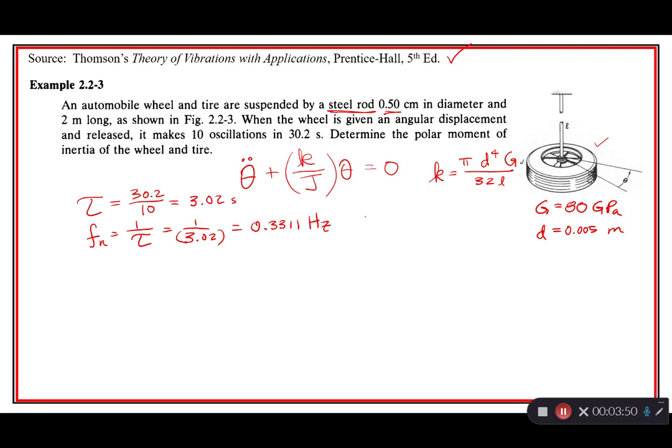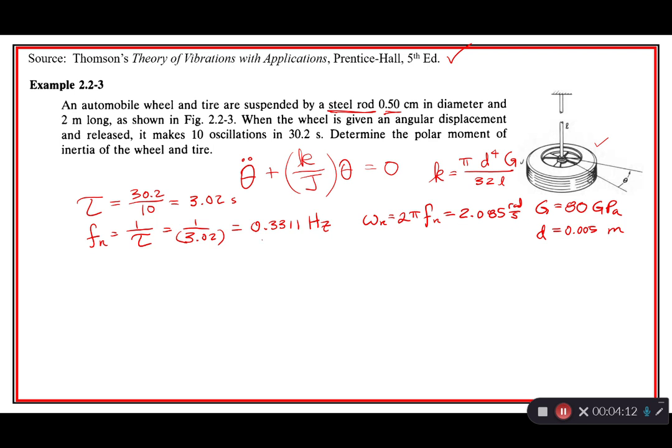The circular natural frequency of this thing is 2 pi fn, and the answer is 2.085 radians per second. I've obeyed the rule of staying at least 4 sig figs all the way along.